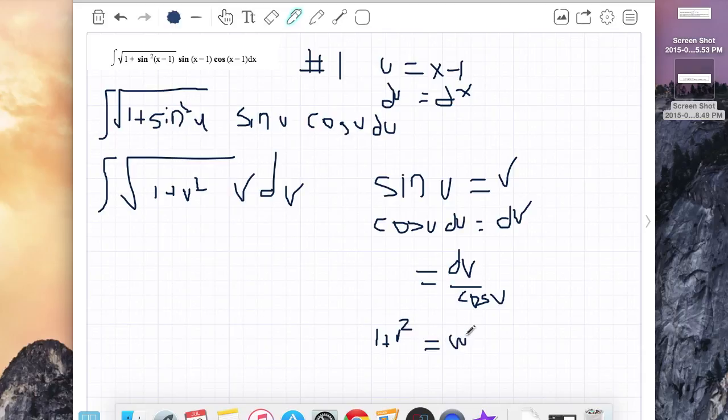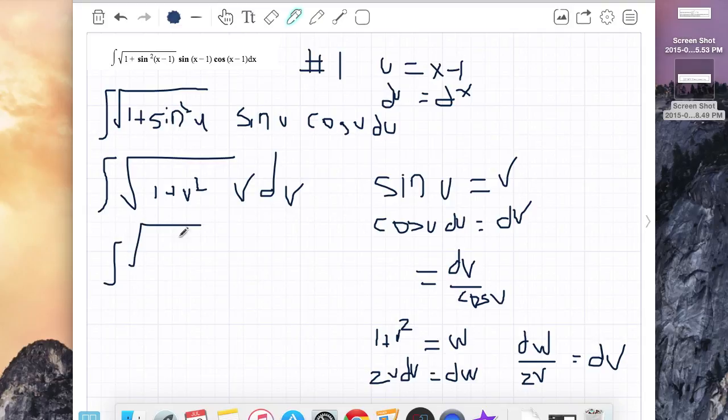Therefore dw equals 2v dv, which means dw over 2v equals dv, which then means that the v cancels out, and it's simply the integral of the square root of w over 2.